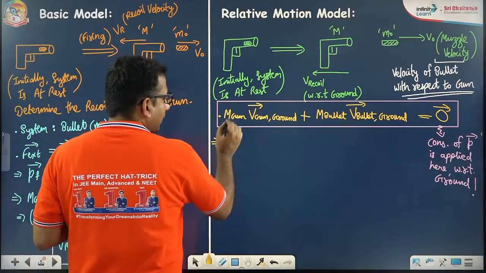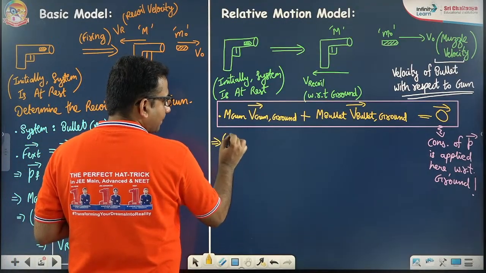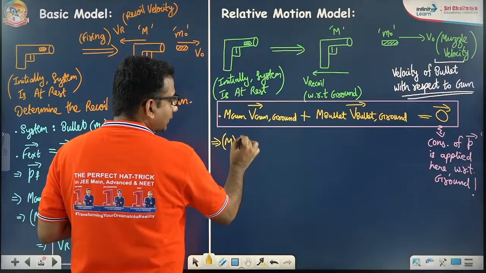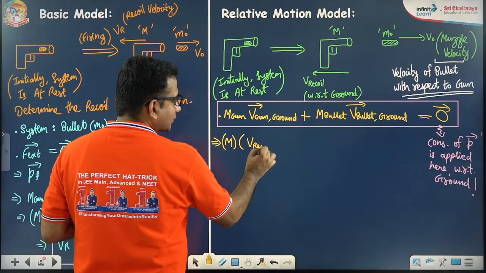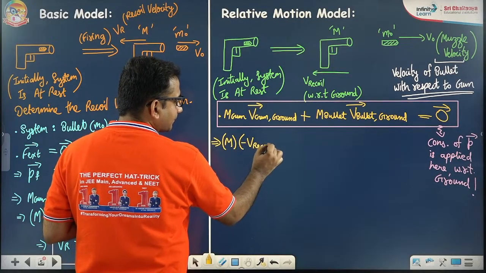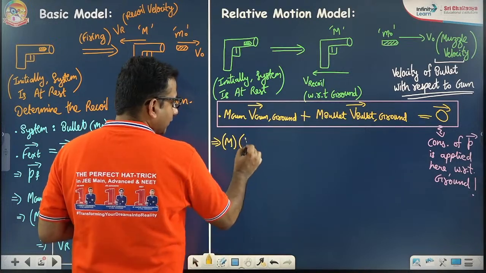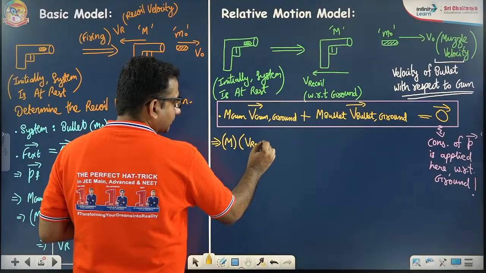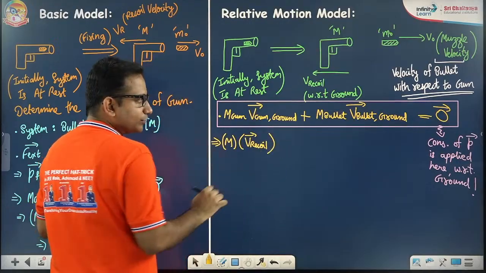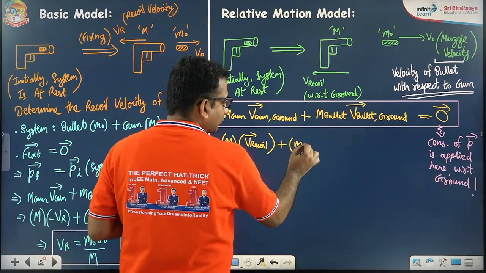So here, mass of gun will be capital M. Velocity of gun with respect to ground will be the recoil velocity, let me write it like this only, that it is a recoil velocity vector with respect to ground, plus mass of bullet is m0.